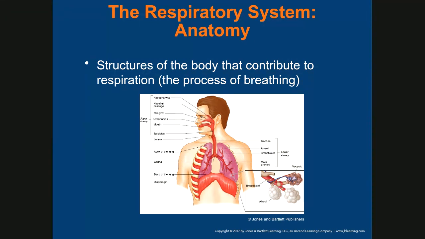Now, the other thing that you need to commit to memory for the upper airway: if you look at the diagram, you will see the larynx, the oropharynx, and the nasopharynx, right? These are posterior areas. So collectively, the nasopharynx, oropharynx, and larynx are referred to as the pharynx.